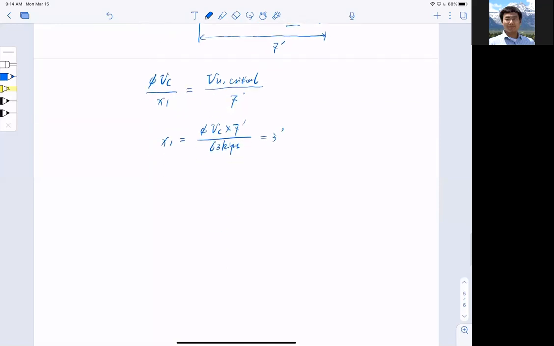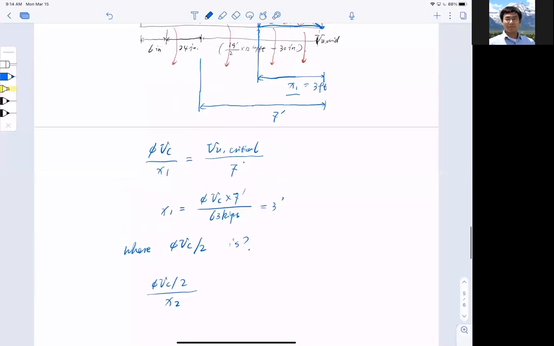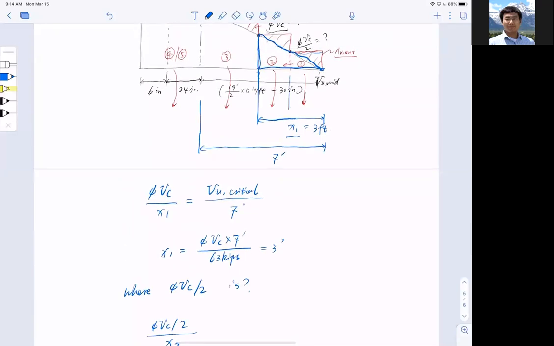So naturally, the next step is to find out where half of phi VC is located. So now I have phi VC divided by 2, so divided by x2. Let's just say it's right here, x2, and you can almost directly read it out. It's 1.5 feet.